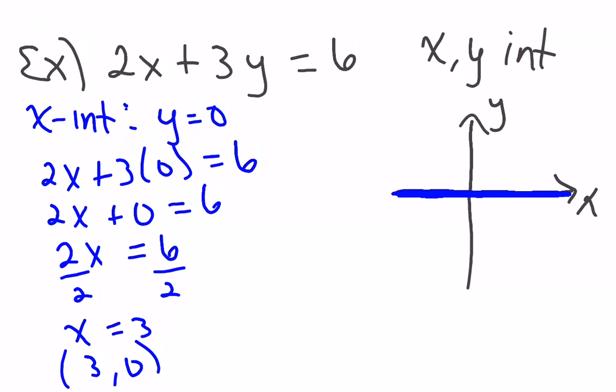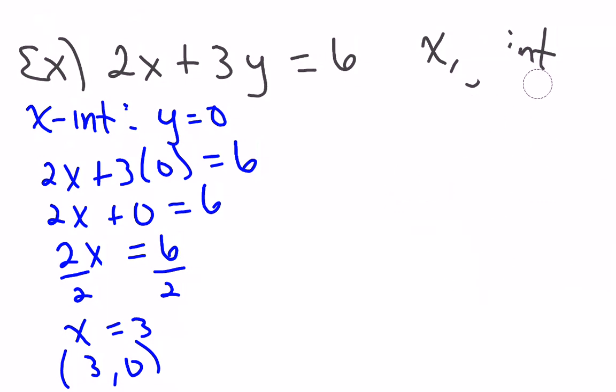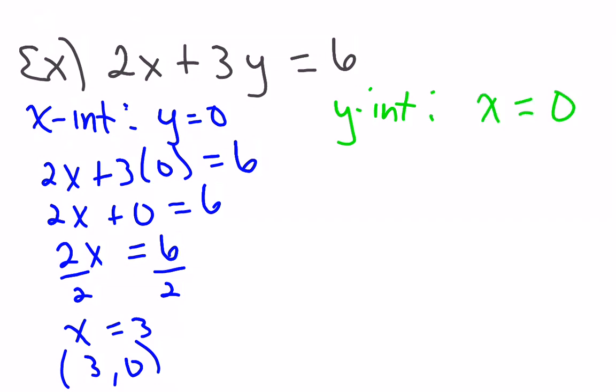All right. Now, if we want the y-intercept, as you can see, we'd be on the y-axis, and so that means x would have to be 0. So if I want a y-intercept, this means I make x 0.